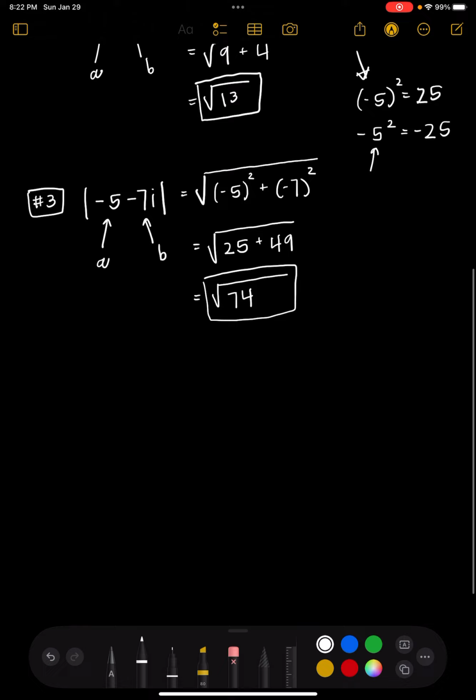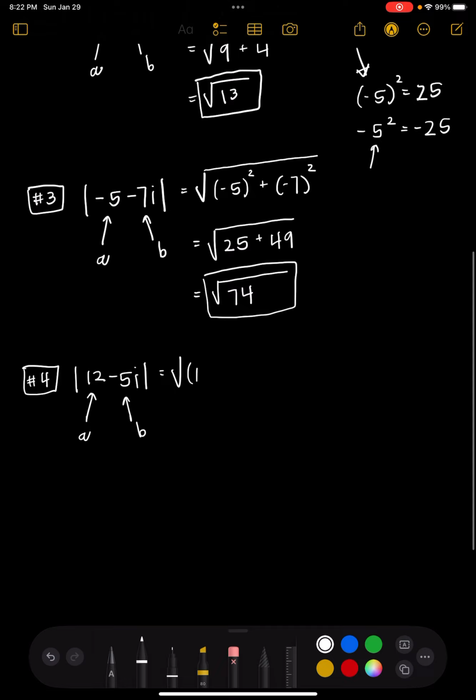All right. And then the last example says the absolute value of 12 minus 5i. Once again, your 12 is your a, negative 5 is your b, because that's the imaginary part. So when we plug it into the formula, it would be a squared, which would be 12 squared, plus b squared, which is negative 5 squared.